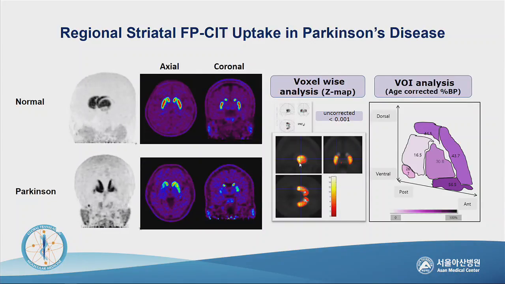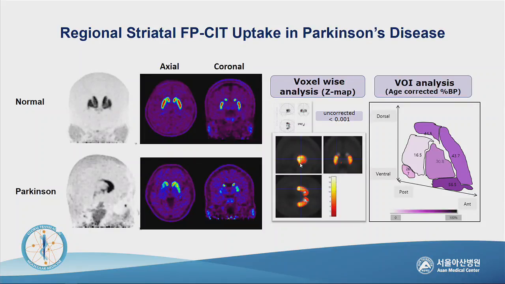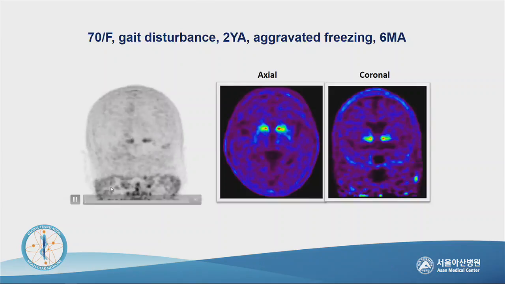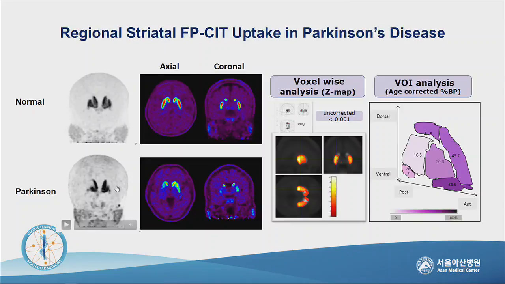And as you can see, the posterior dorsal putamen is mostly affected, followed by ventral putamen, anterior putamen, caudate, and ventral striatum. And in this Parkinson's patient, it looks like two aliens in the brain.